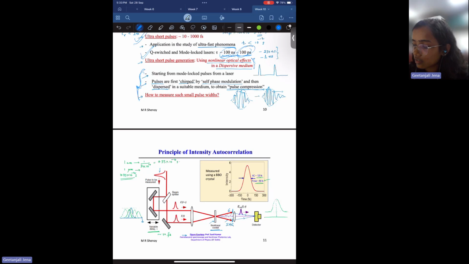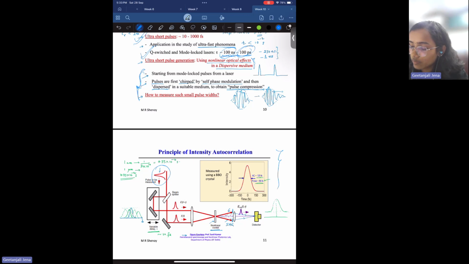And this is intensity autocorrelation. It is the method by which you can detect the ultrashort pulse, because normally the detector will not be able to detect this ultrashort pulse. So to detect the ultrashort pulse, we do an intensity correlation. If you see the schematic, there is a pulse, which is an ultrashort pulse. It is passed through a beam splitter.